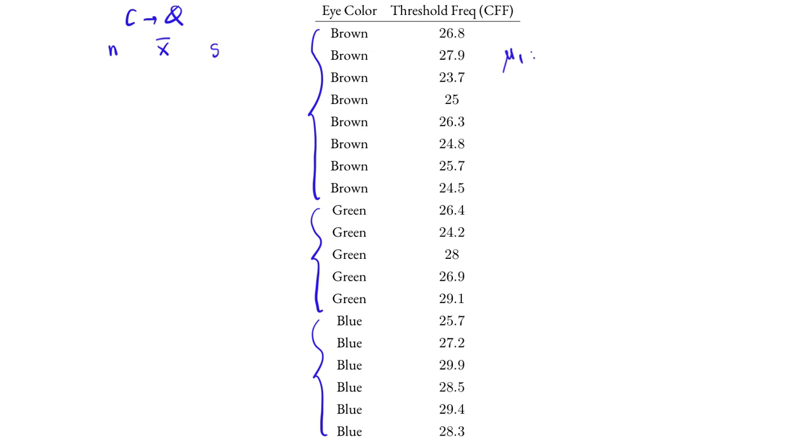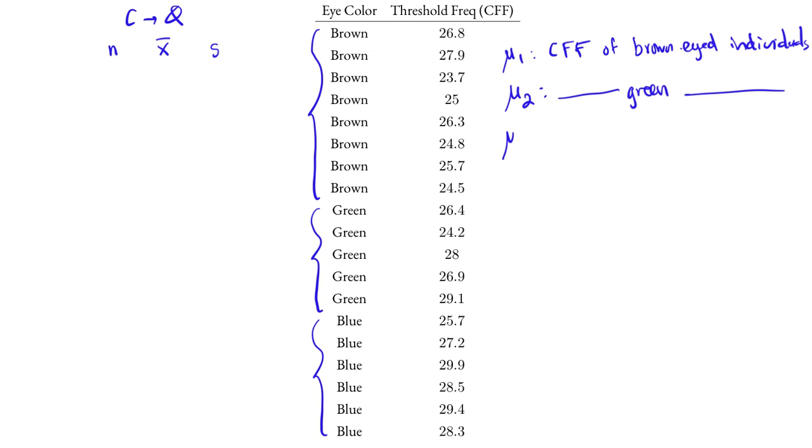Suppose we let mu1 be the average threshold frequency of brown eye individuals. Now, mu1 describes the subpopulation. Mu2 is the threshold for green eye individuals, and mu3 is the threshold for blue-eyed individuals.